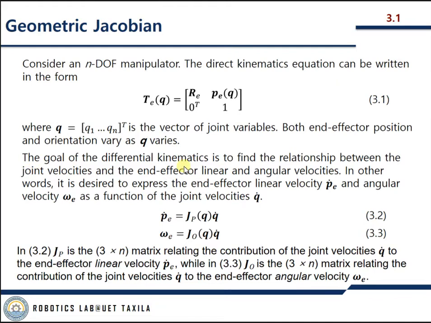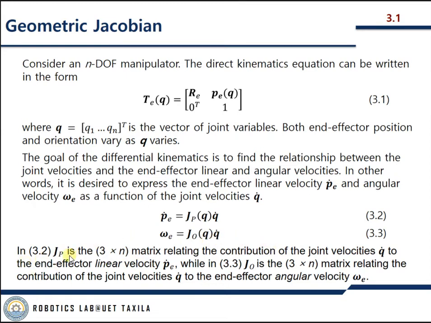The goal of differential kinematics is to find the relationship between the joint velocities and the end effector linear and angular velocities. In other words, it is desired to express the end effector linear velocity, p dot e, and the angular velocity, omega e, as functions of the joint velocities q dot. We want to represent the end effector linear velocity as J_P times q dot, where J_P is some mapping function, and the angular velocity omega e equal to J_O times q dot.